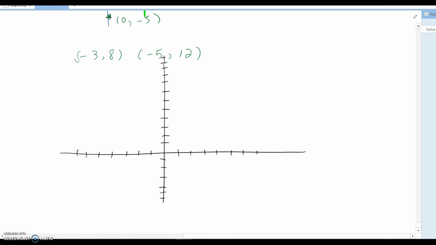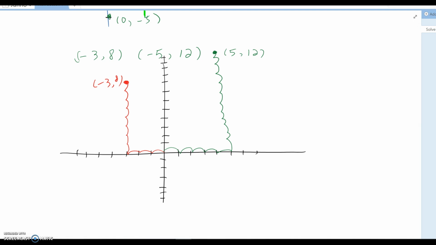First of all, negative 3 and 8, which is 1, 2, 3, then 1, 2, 3, 4, 5, 6, 7, 8. So there will be negative 3, 8 here. And 5 and 12, which is, go 1, 2, 3, 4, 5, and then 1, 2, 3, 4, 5, 6, 7, 8, 9, 10, 11, 12. So there will be 5, 12 here.